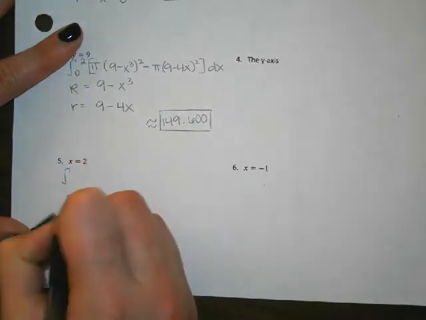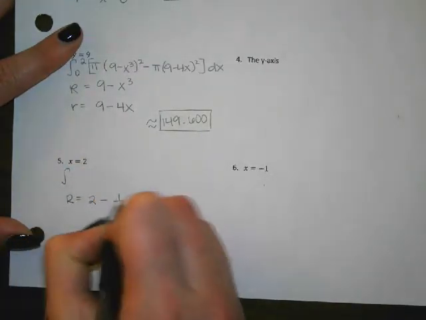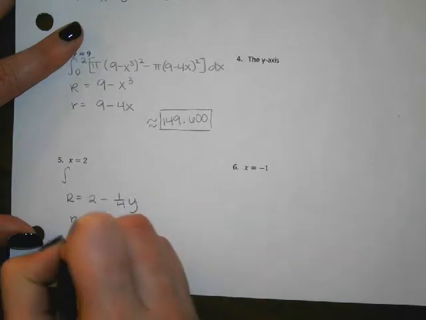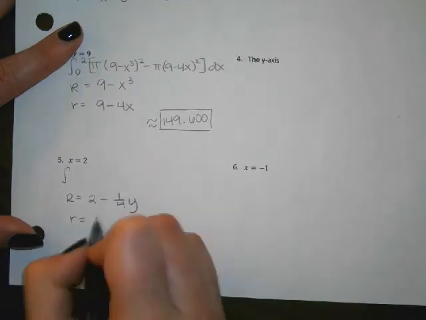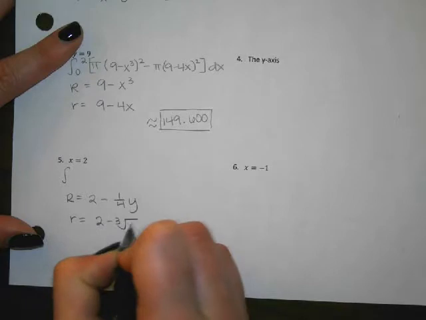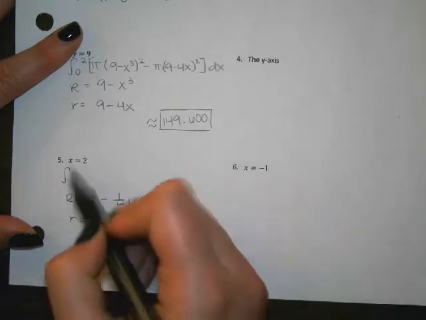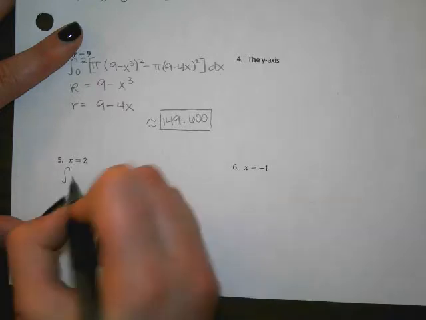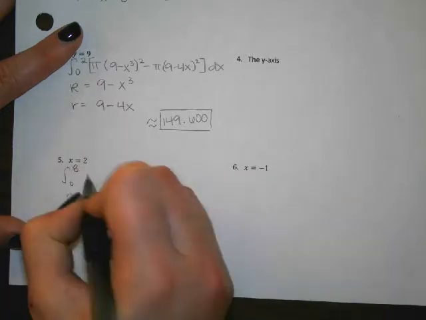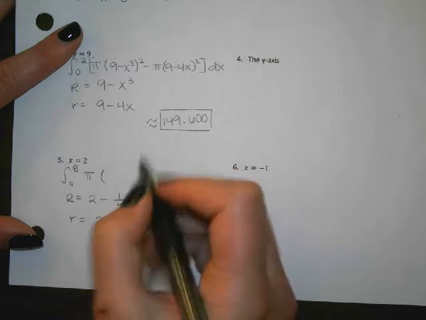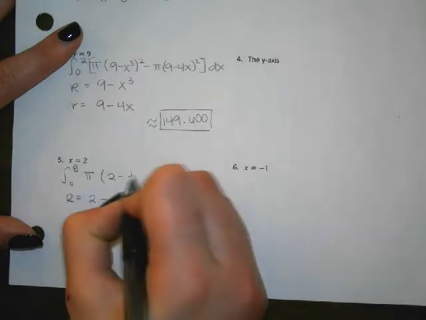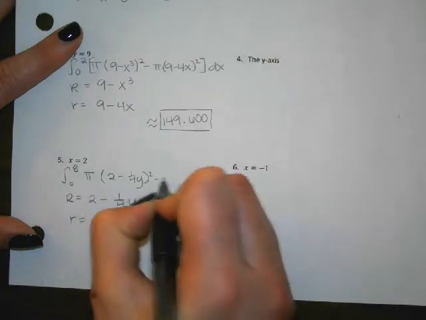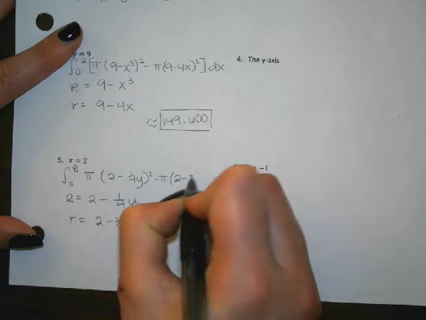Our big R is going to be 2 minus 1/4 y. What's our little r going to be? 2 minus cube root y. What is our interval for our integral? 0 to 8. Good. So we have pi R squared minus pi r squared.